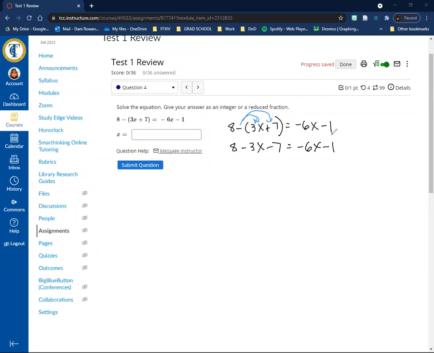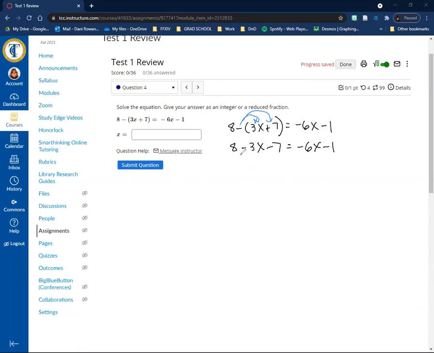What can we do from here? Just remember, there's a couple routes you can take. We know that we've got to get x by itself because we're solving for x. So we're putting all the x's on one side, and all the numbers on the other.